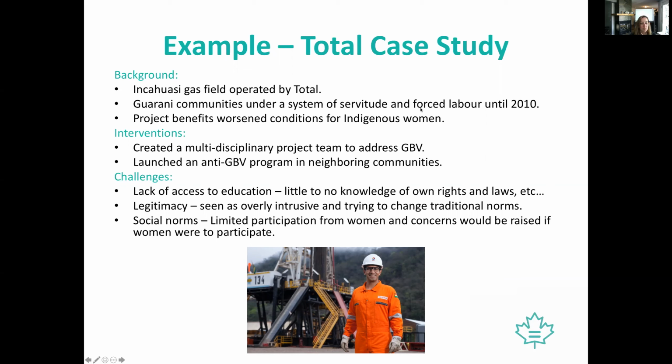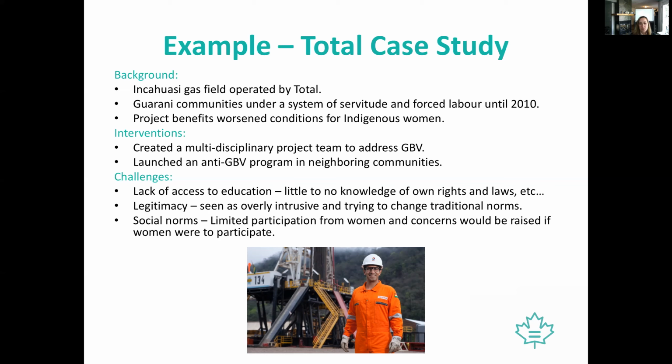So there were a number of interventions that they did, and some ongoing challenges. They ended up creating a multidisciplinary project team to address gender-based violence. They launched an anti-gender-based violence program in neighboring communities. Ongoing challenges were a lack of access to education, as well as the legitimacy of the company actually doing this.